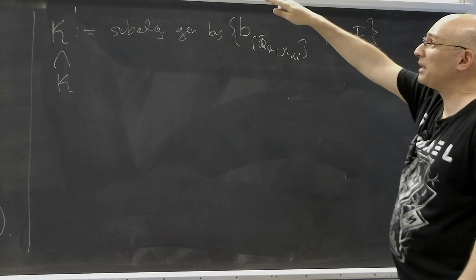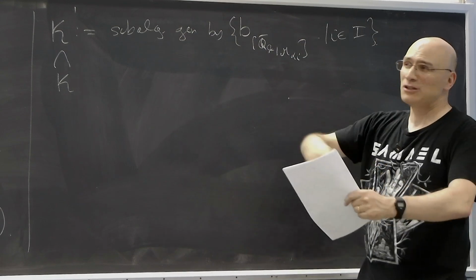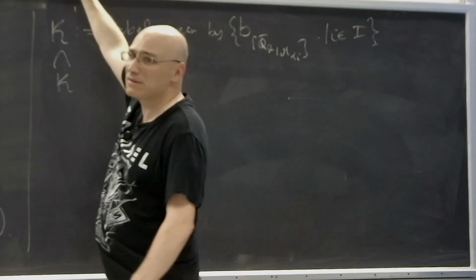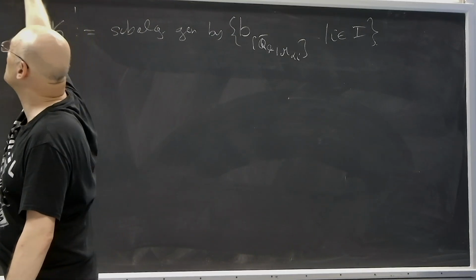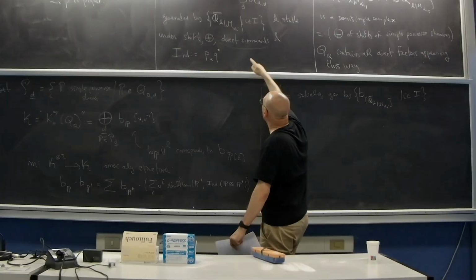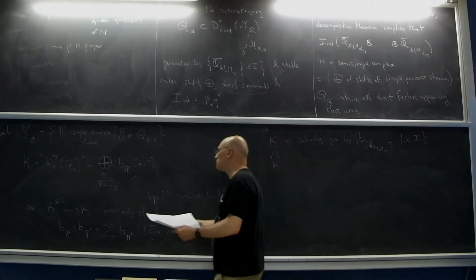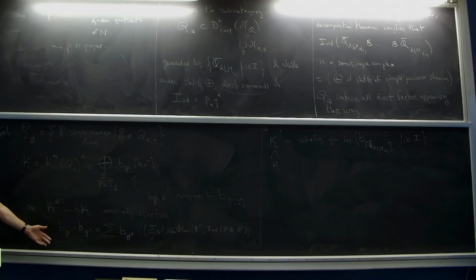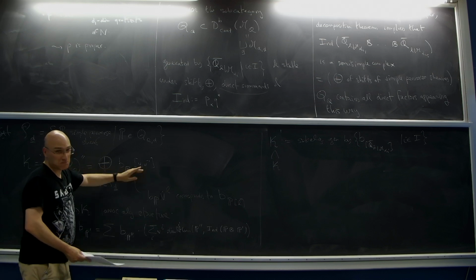I constructed a big category where I started with simple objects. Then I do all the possible products, and I take all the direct summands. I get something that could be out of control in principle, because I split all these semi-simple complexes and I look at the direct summands. Okay, and then I built, by standard process, an algebra out of that, which is a module over Z[v, v minus 1], actually, integral.